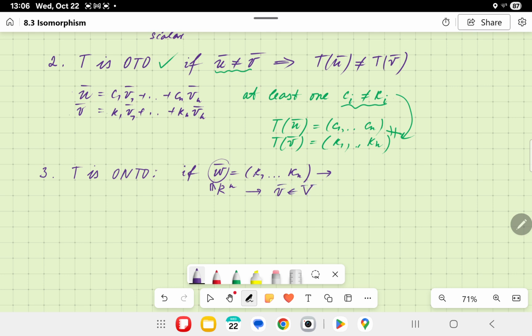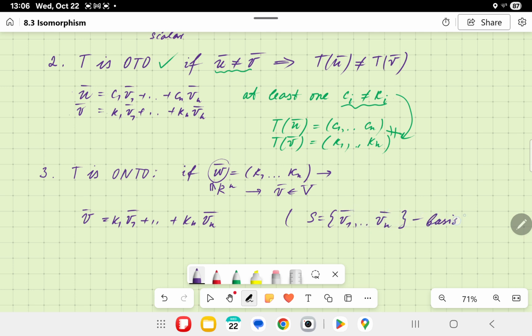Well, I'm going to take these coordinates k1, kn and create vector V, which is going to be k1 V1 plus kn Vn. And V1 through Vn are going to be the basis vectors, which we used in the beginning.